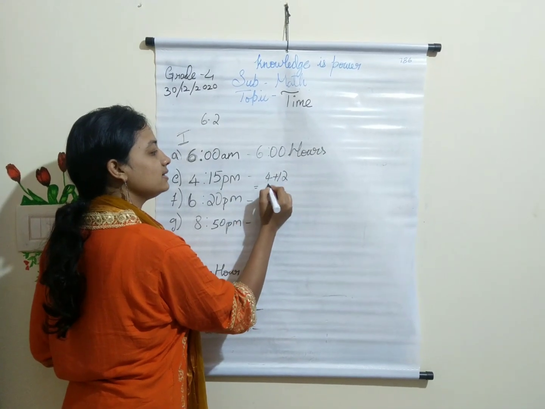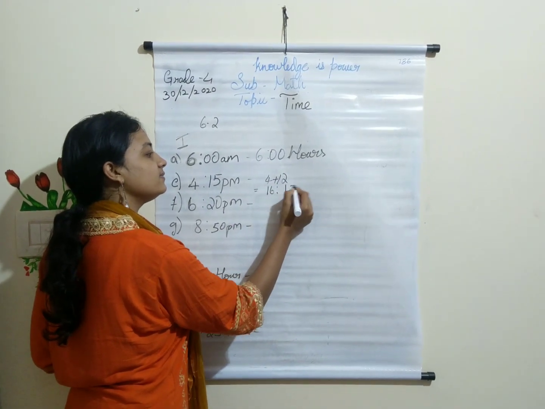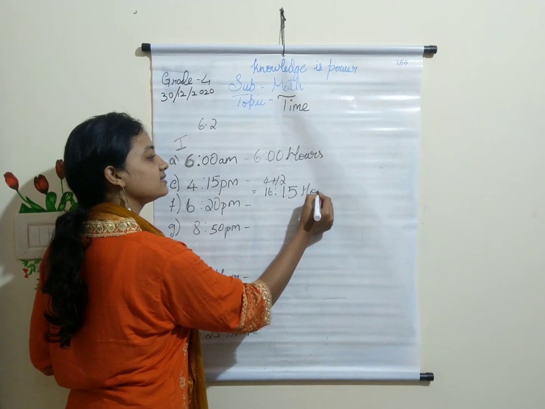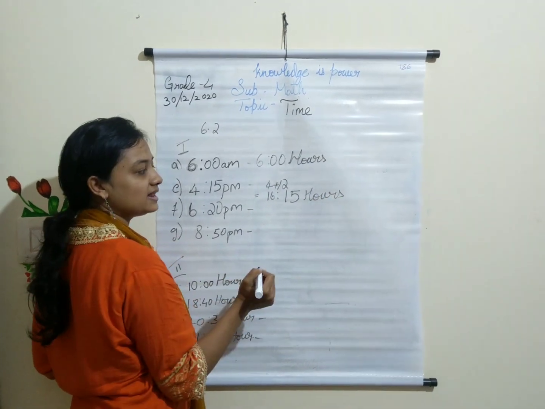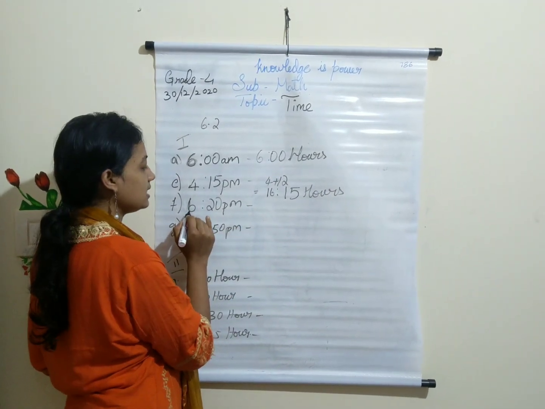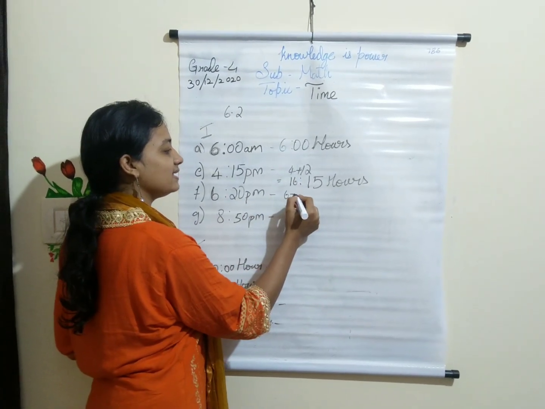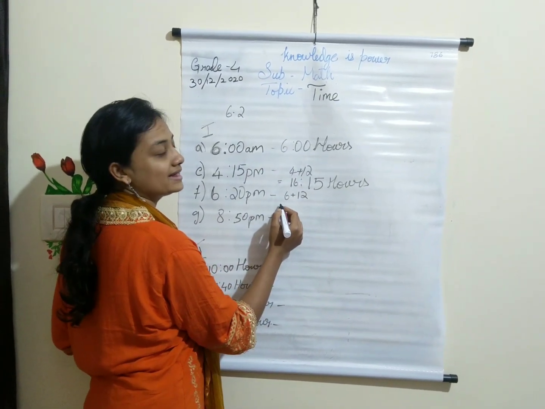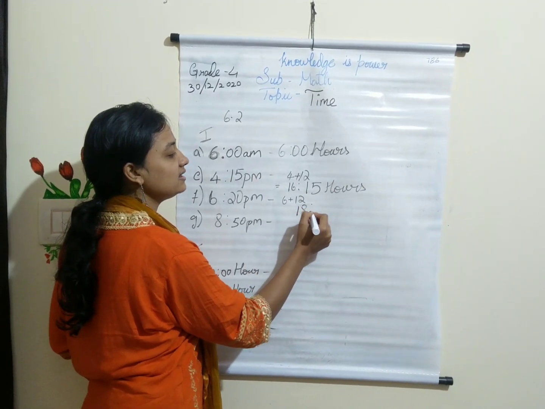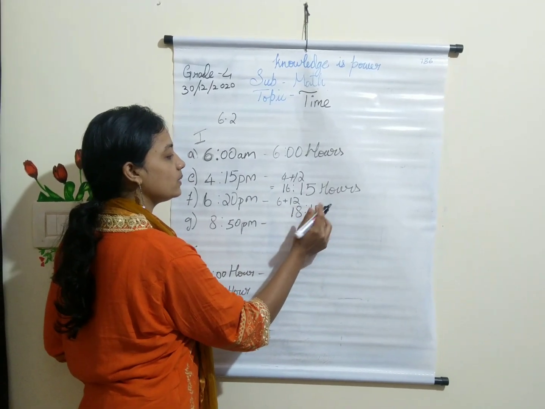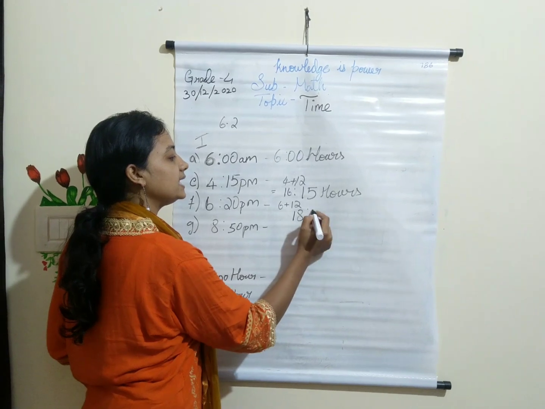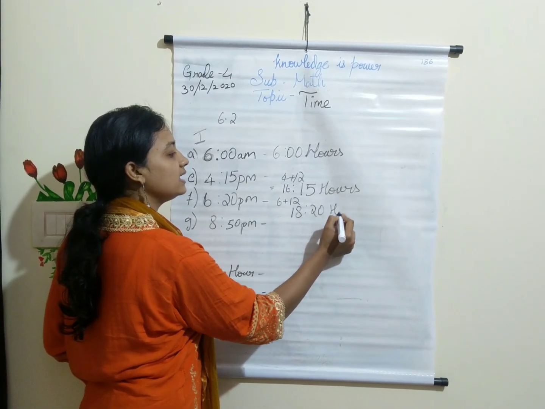So my time is 15 hours. Similarly, next I have again PM. So I should add 6 with 12. What is the answer? It is 18:20 hours.